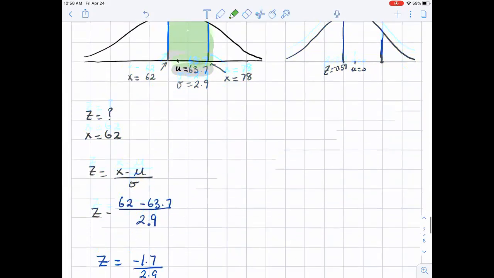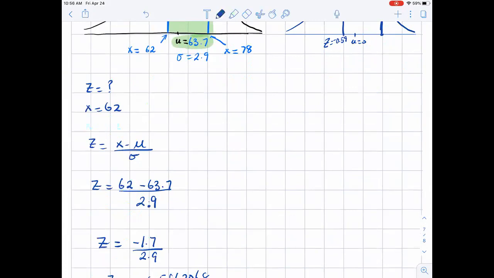Okay, good. So now we want to know, what is Z equal to when X is equal to 78?